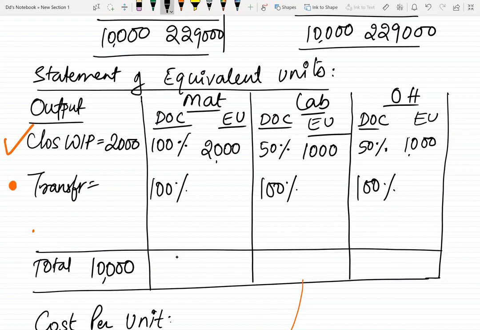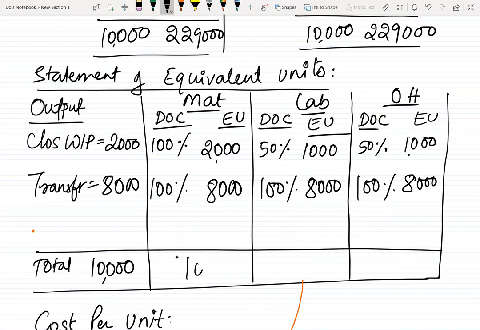Together is 100. Take together 100. Simple. Therefore, this will be 8,000, 8,000, 8,000. That's all. This is 10. This is 9. Now, some of you might be planning already that, sir, in examination, if nothing is mentioned, can I write a note that we have worked out under the average cost method?